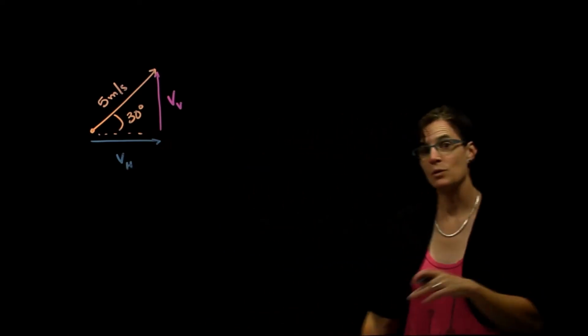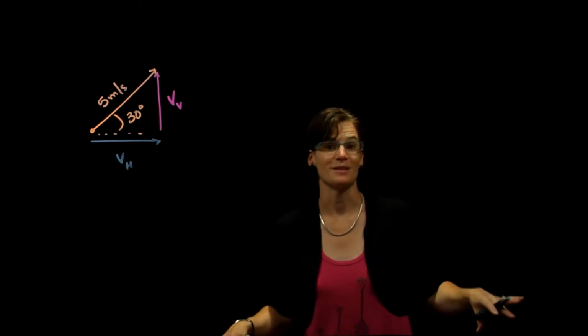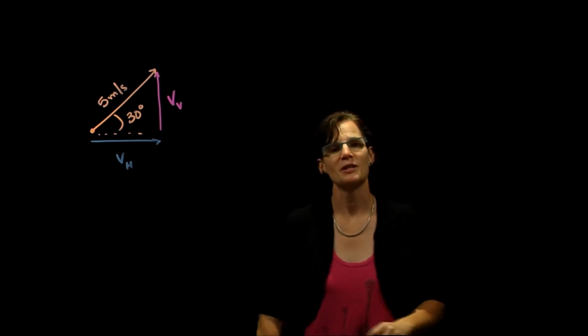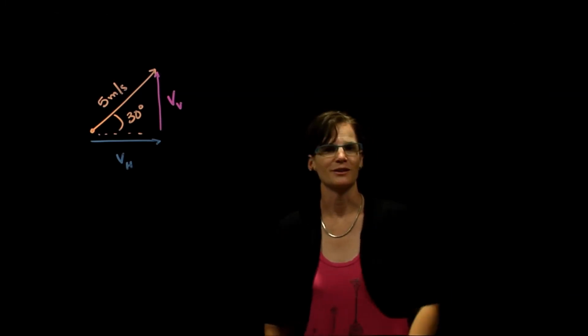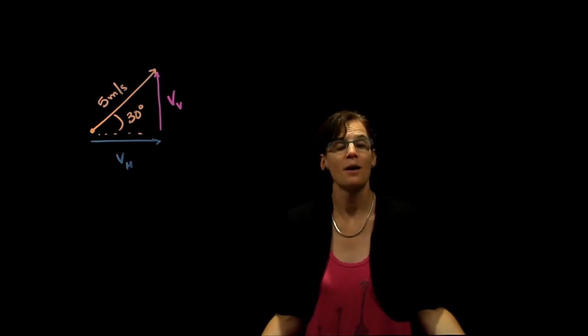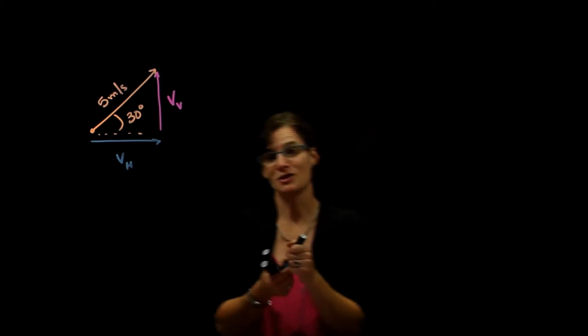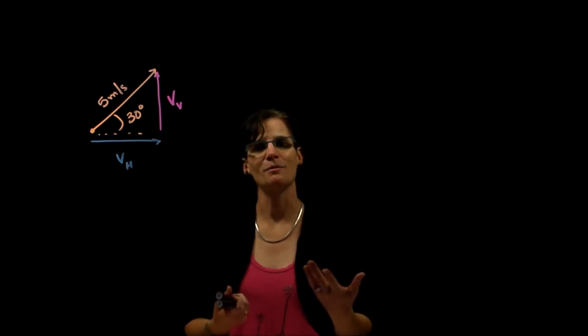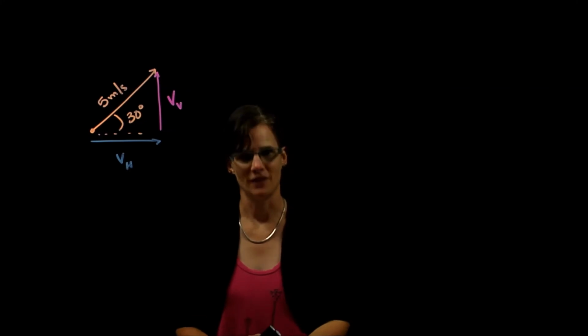And so when we analyze the motion, we're going to separate those two directions. And so we want to make sure we understand how to get the horizontal and vertical velocities, the components. So this mini lecture is on those components. How do we get the components of a vector?